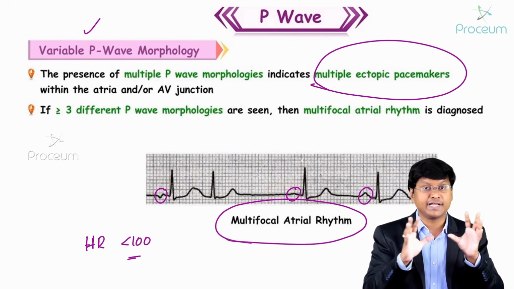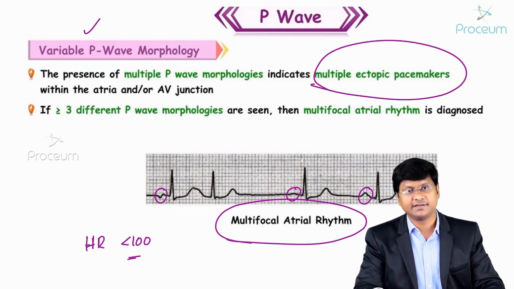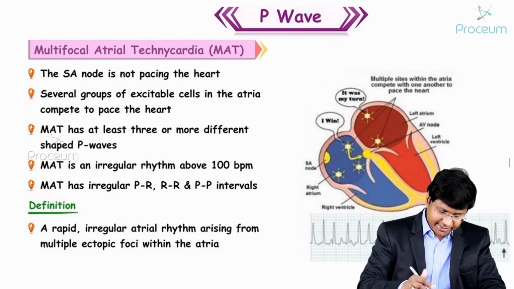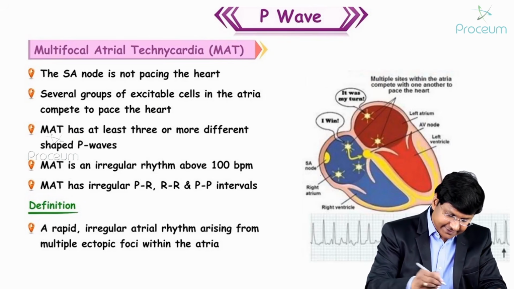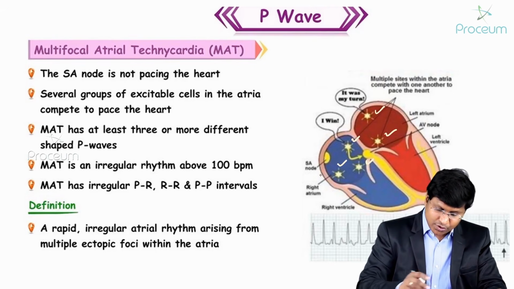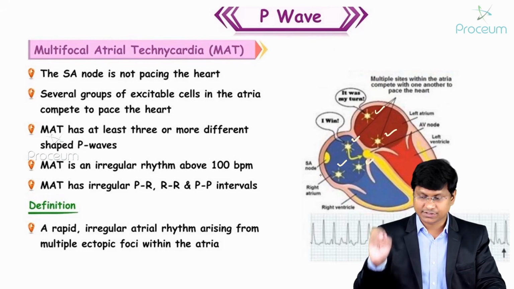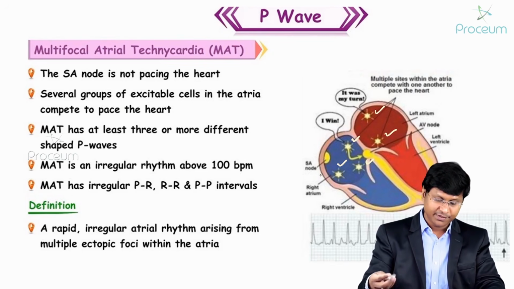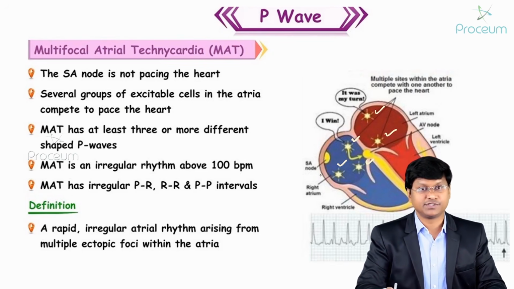It is originating at multiple sites within the atria, and that is the reason why you are having multiple P wave morphologies. You see this image? Here you can make out that this is one particular site, this is another site, this is another site. Like this, multiple sites are throwing the impulses, and that is what is responsible for your variable P wave morphologies.